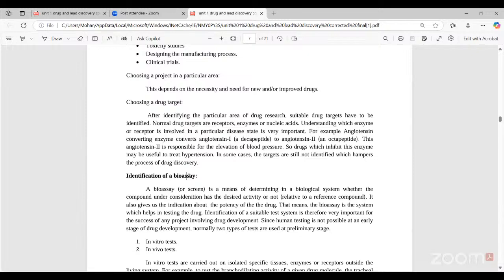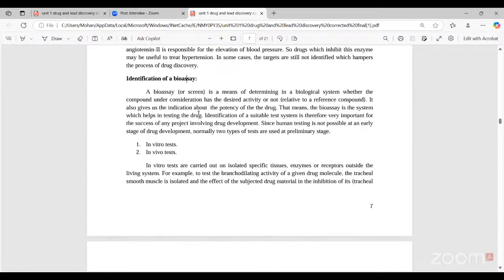Then identification of bioassay. Generally, a bioassay screen is a means of determining in a biological system whether the compound under consideration has the desired activity or not, relative to a reference compound. It also gives an indication about the potency of the drug. That means the bioassay is a system which helps in testing the drug.